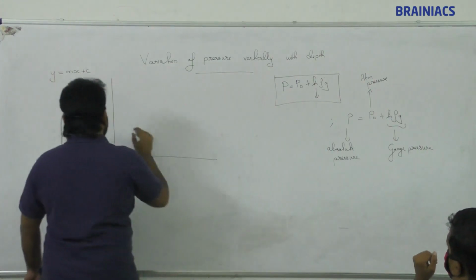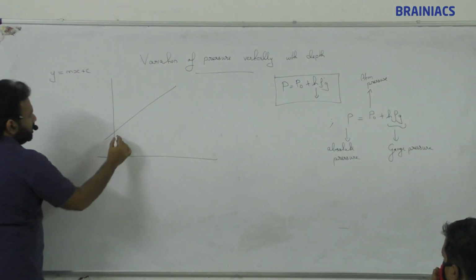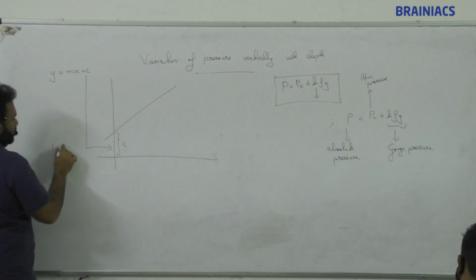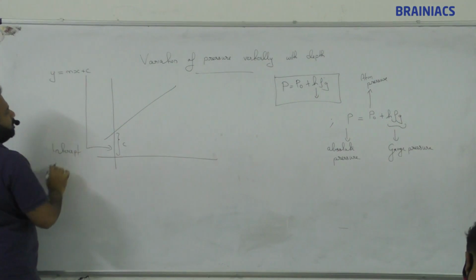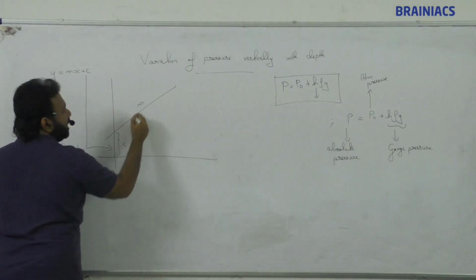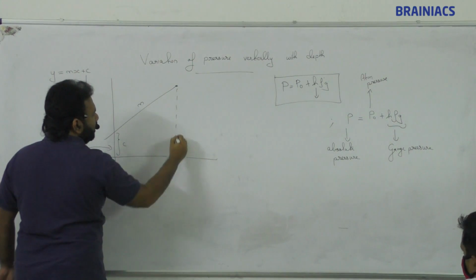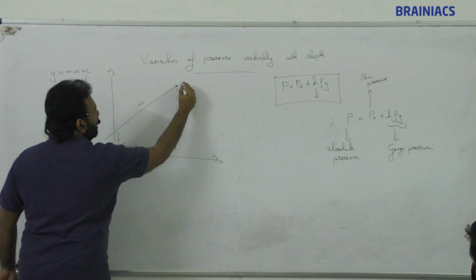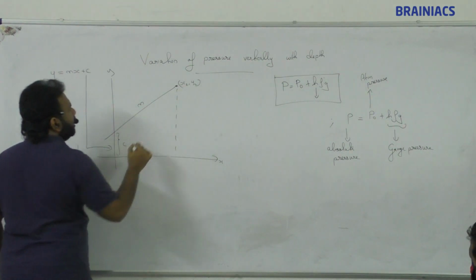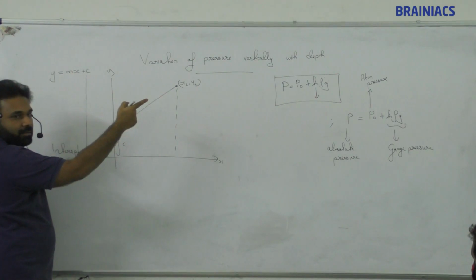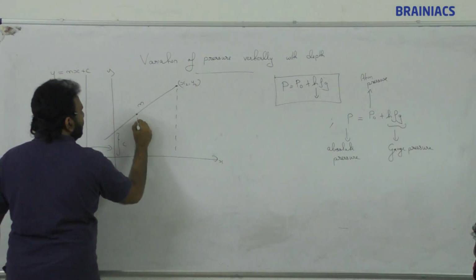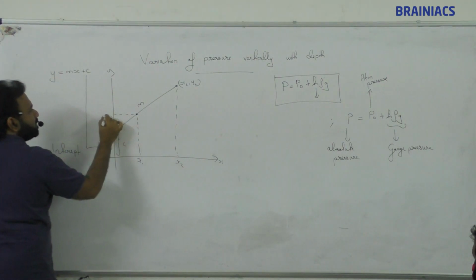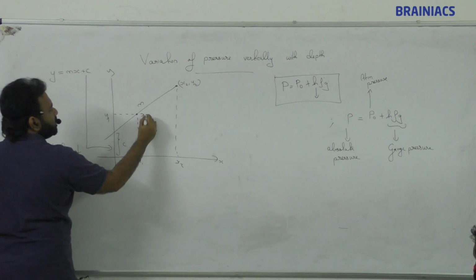So if I draw a straight line, this length is c. This is called the intercept. The slope is m. This is x, this is y, so this is going to be x2, y2, and this is x1, y1.